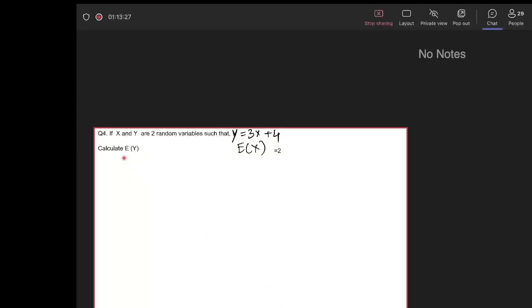In this question, they have given that x and y are two random variables such that y is equal to 3x plus 4 and expectation of x is 2. Calculate expectation of y.